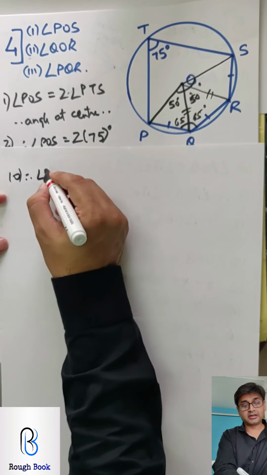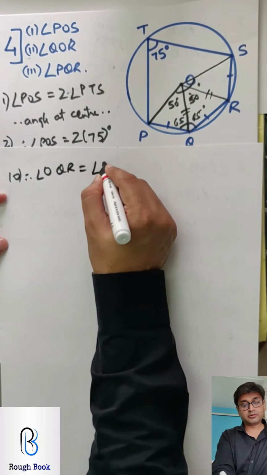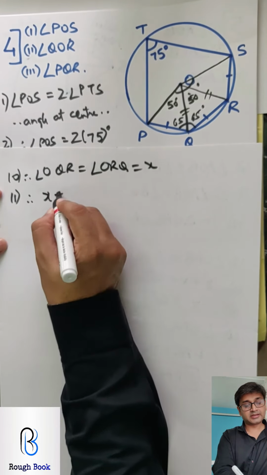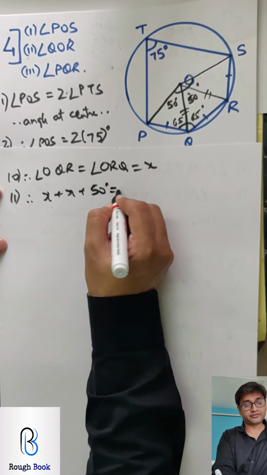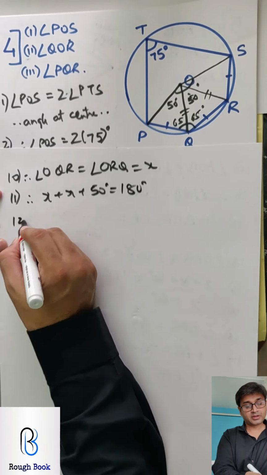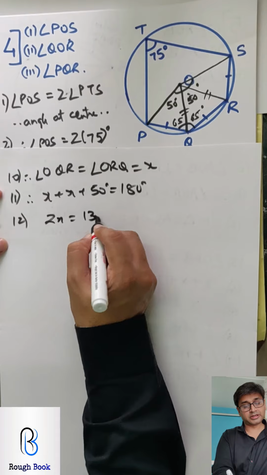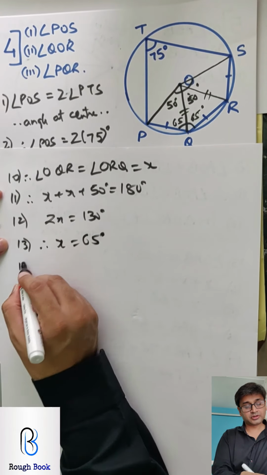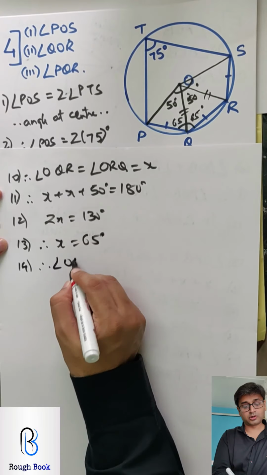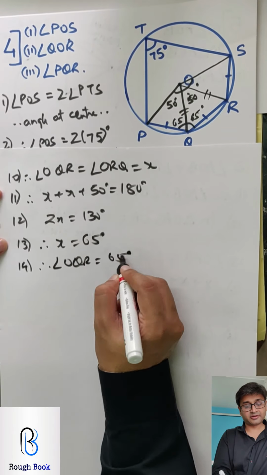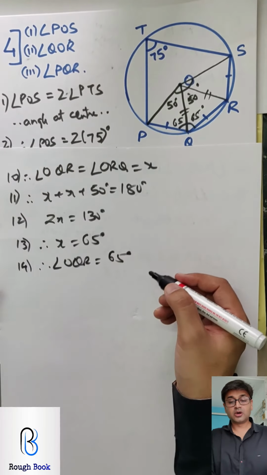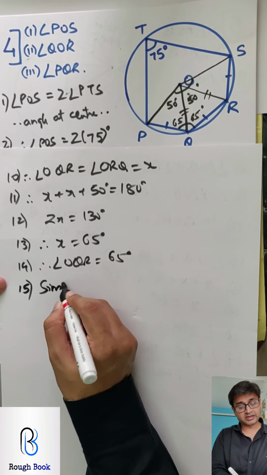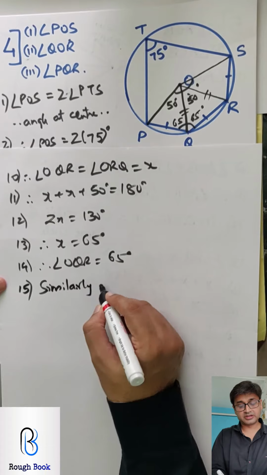Therefore angle OQR equals angle ORQ equals X. So X plus X plus 50 equals 180. So 2X equals 130. So X becomes 65. So you can say therefore angle OQR is 65. Now no need to find OQP as 65. You can directly say similarly. It is definitely allowed in the boards.